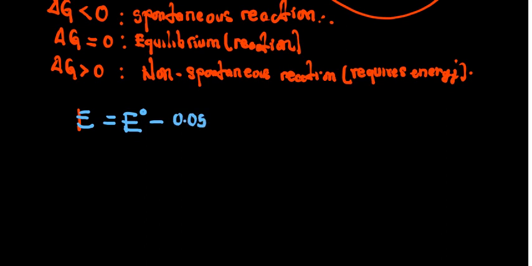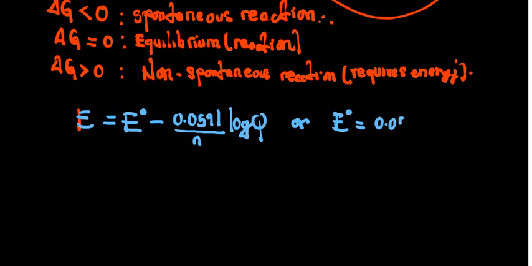The other equation that you're going to be given is E cell equals 0.0591 over n log K.